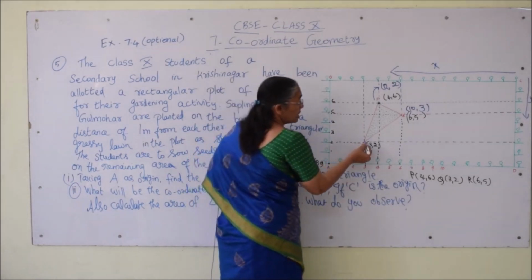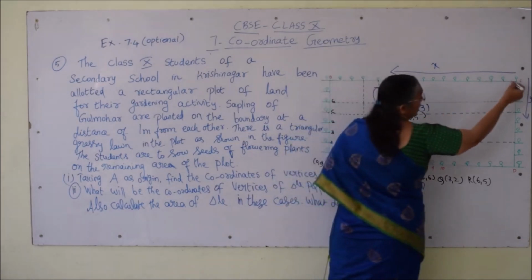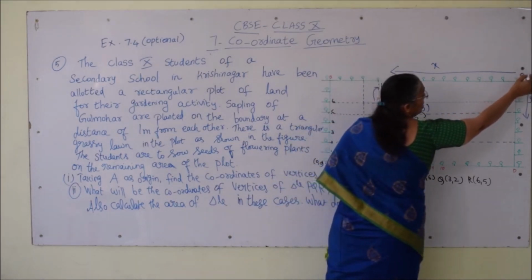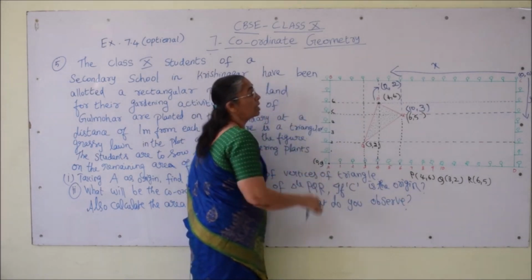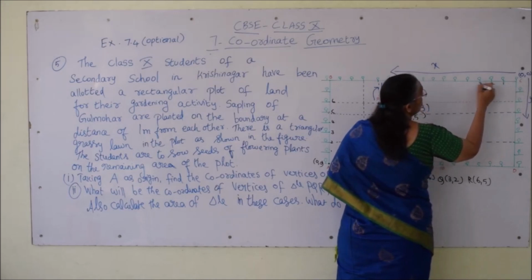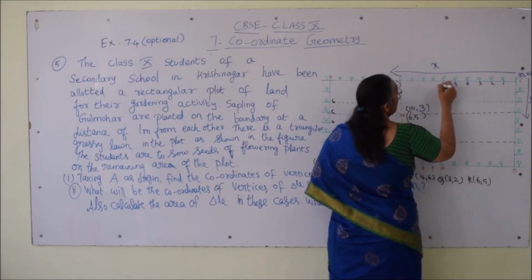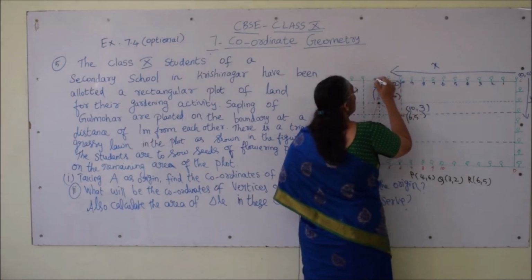Now, coming to the coordinates of Q, let me write the points by taking the origin 0, 0. Here I have taken A as origin in black color. Now, I have taken blue color. So, this point is 1, 2, 3, 4, 5, 6, 7, 8, 9, 10, 11, 12.